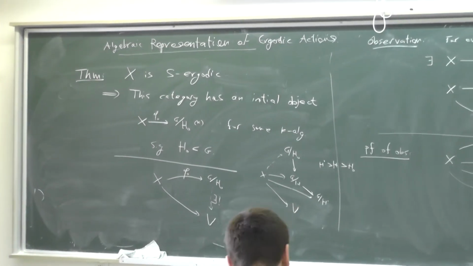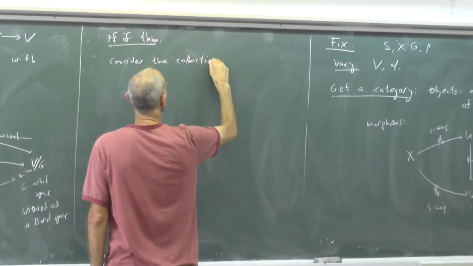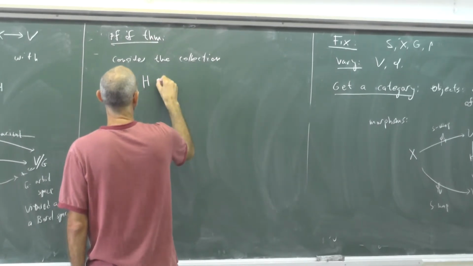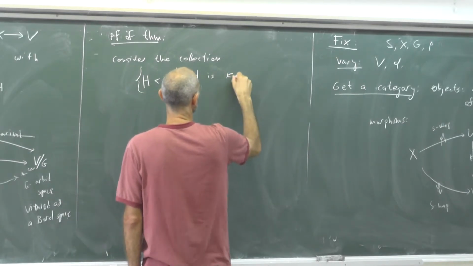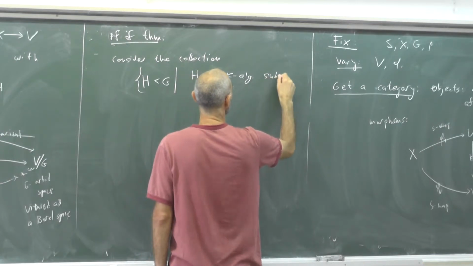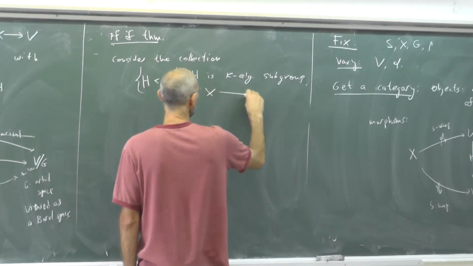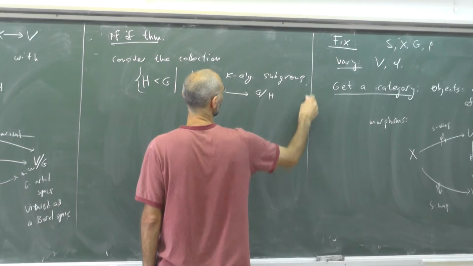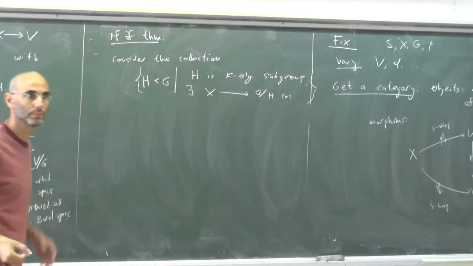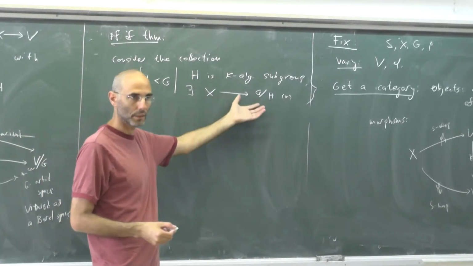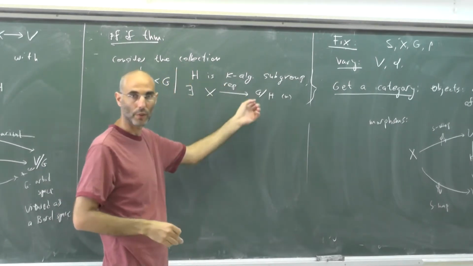Consider the collection of all H inside G such that H is an algebraic subgroup and there exists a representation into G mod H. Of course, by this I'm abbreviating; I'm not writing down explicitly the invariant.